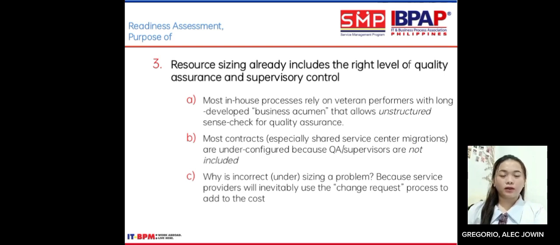B. Most contracts, especially shared service center migrations, are under-configured because QA supervisors are not included. C. Why is incorrect under-sizing a problem? Because service providers will inevitably use the change request process to add cost.